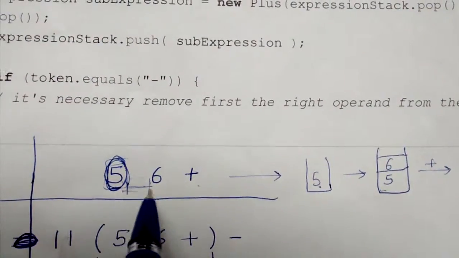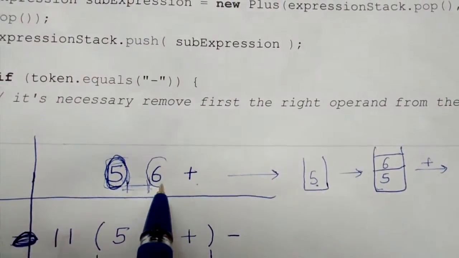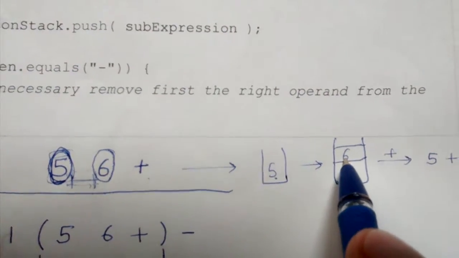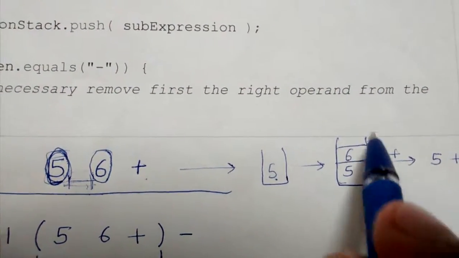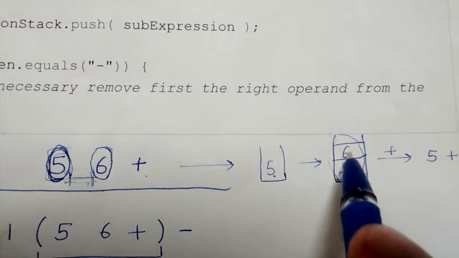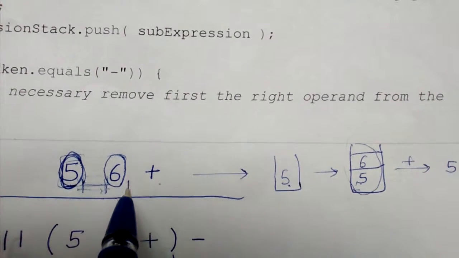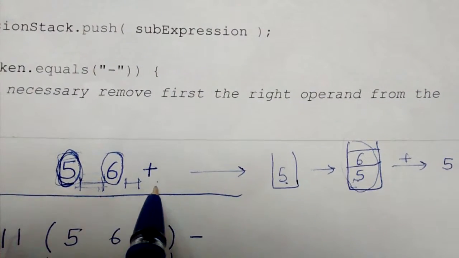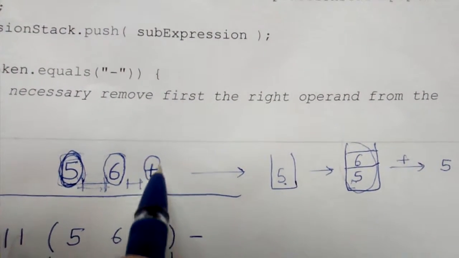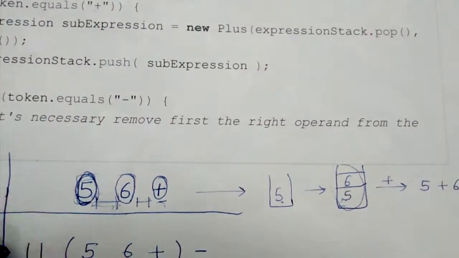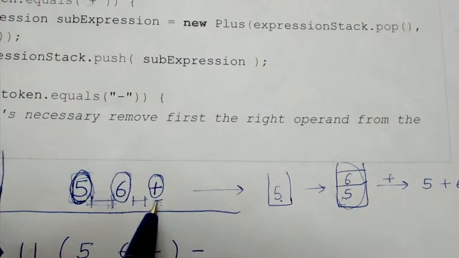Okay. Then next string we see is 6. We again push it into the stack. So our stack grows. Okay. And then again we see a space. Then we see our next string, which is a plus symbol.